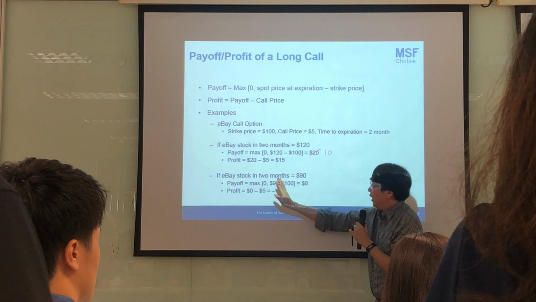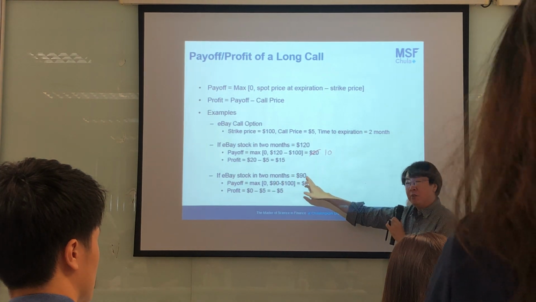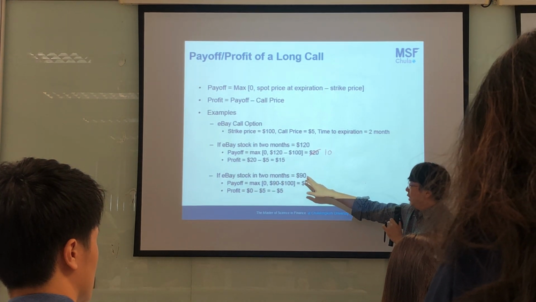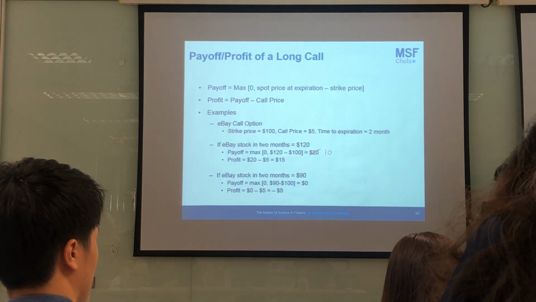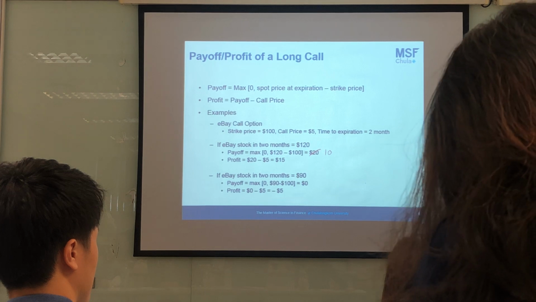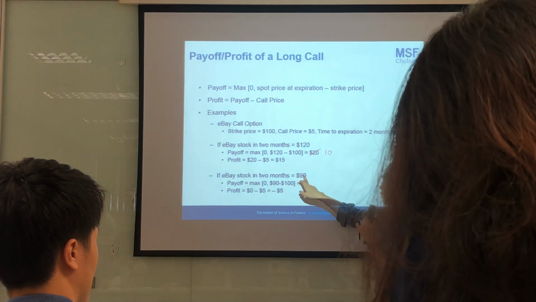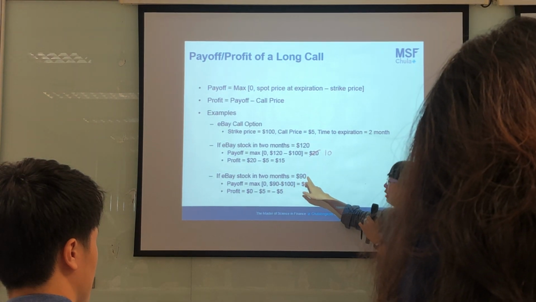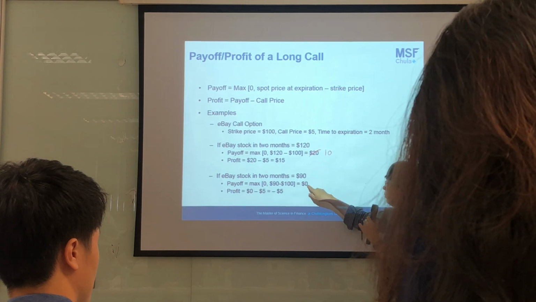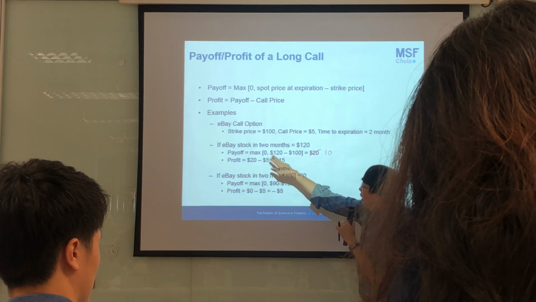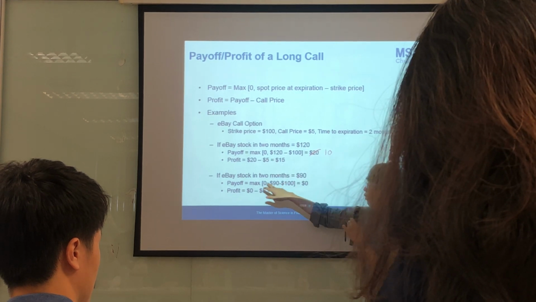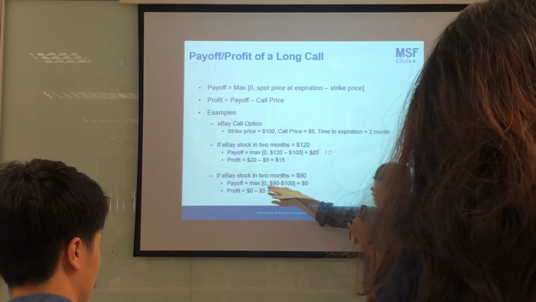Let's have a look again. If the eBay stock price in this case is equal to 90, then the value of the call at expiration should be equal to 0. How can we determine the value of the call option using this formula?